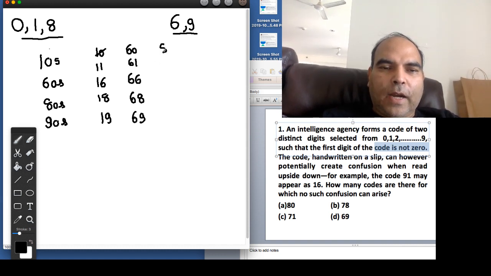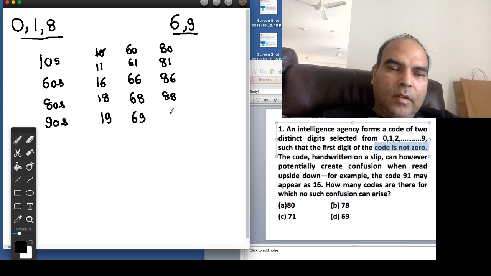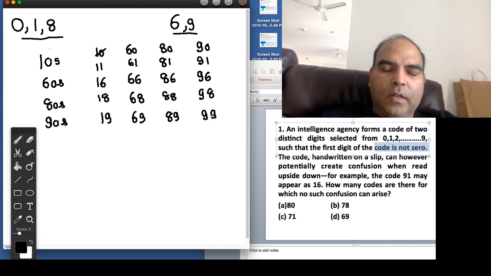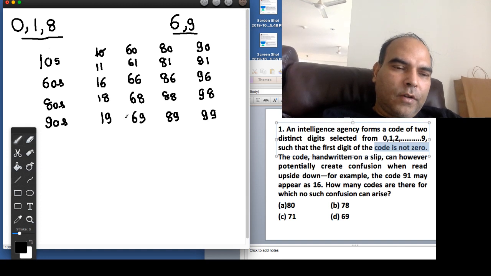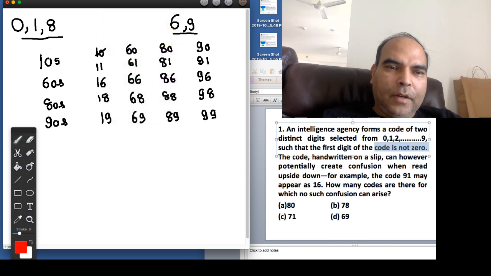In the 80s, you have to look at 80, 81, 86, 88, and 89. And likewise in the 90s, you have to look at 90, 91, 96, 98, and 99. These are potential causes of problems, or causes of errors that can happen.